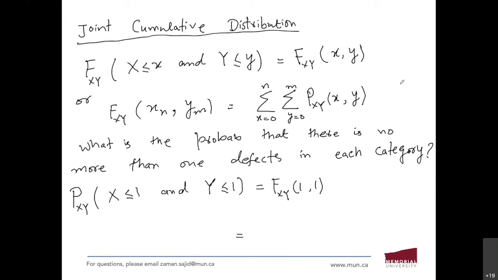This is the definition that I'm going to apply over this. I need to have the probabilities of x and y, and I will sum up for x, where x is starting from 0 to 1, and the second summation is for y, where y is starting from 0 to 1. The next step is just to expand this and plug in my values.